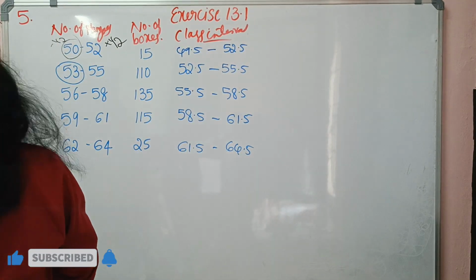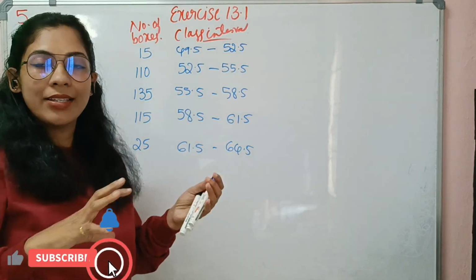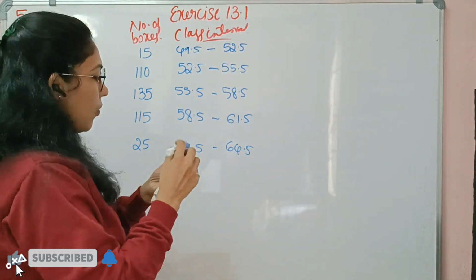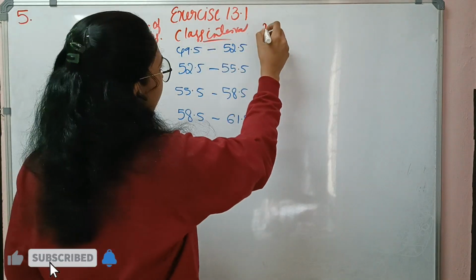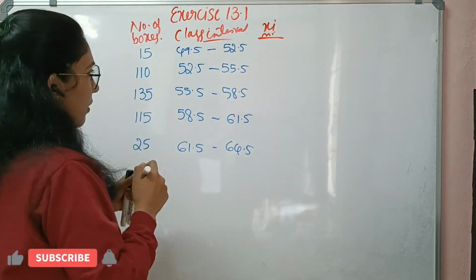We are using the step deviation method. So what's the next column? That is xi, the midpoint.